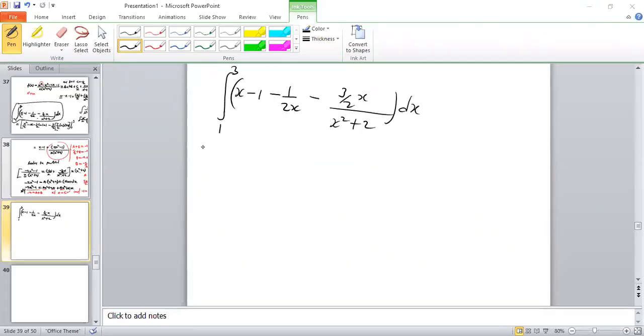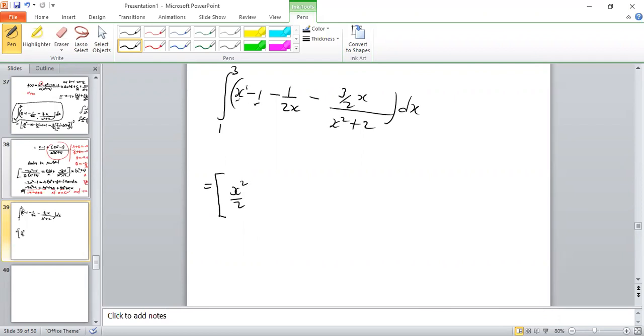So you are going to integrate term by term. We'll start with this one. Integration of x, when you integrate x, what do you get? It's x power 2 over 2, because this has the power 1, so you add 1 to the power so that it's 2 and you divide by 2.